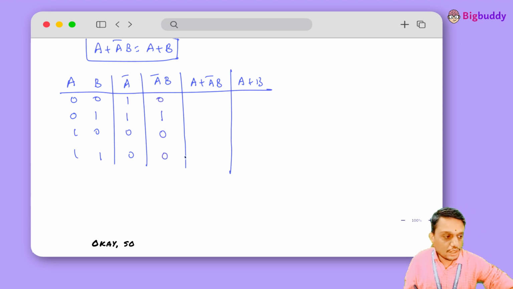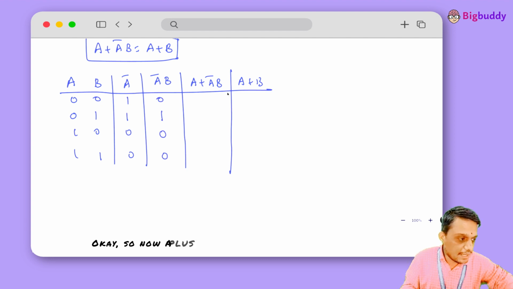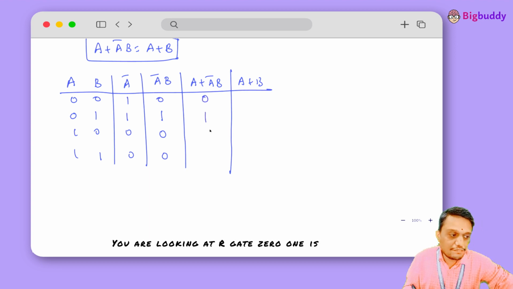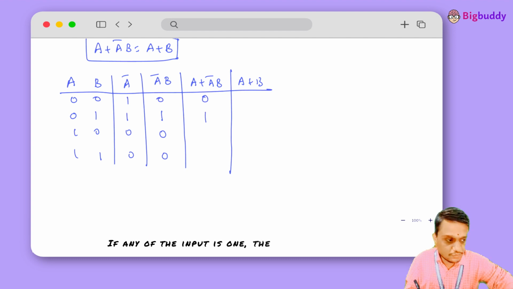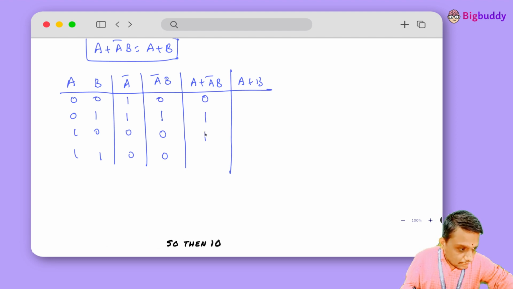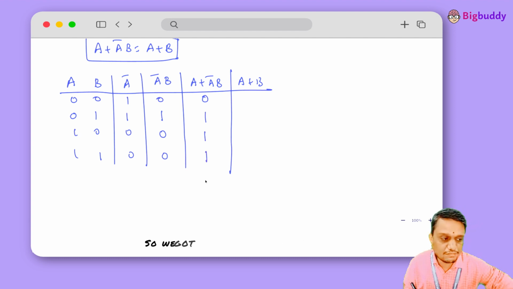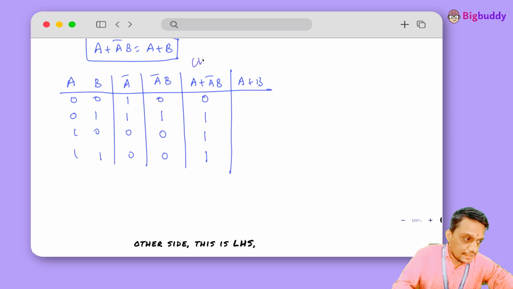Okay. So now A plus A bar B. 0, 0 is 0. You are looking at OR gate. 0, 1 is 1. If any of the input is 1, the output is 1. So then 1, 0 is also 1. Again 1, 0 is also 1. So we got 0, 1, 1, 1. Okay, on the other side, this is LHS. This is RHS.